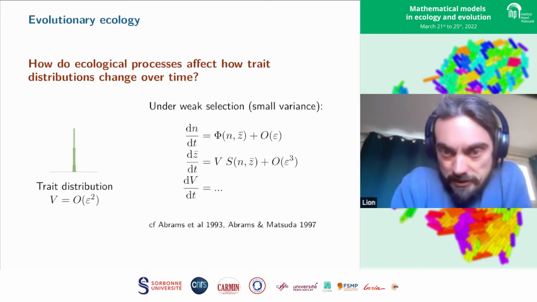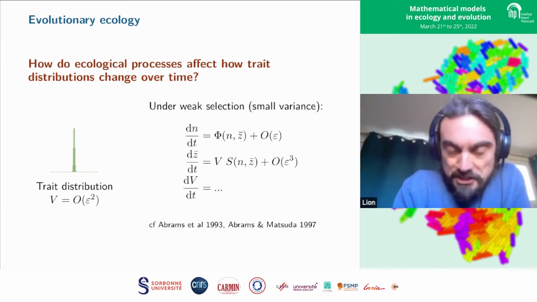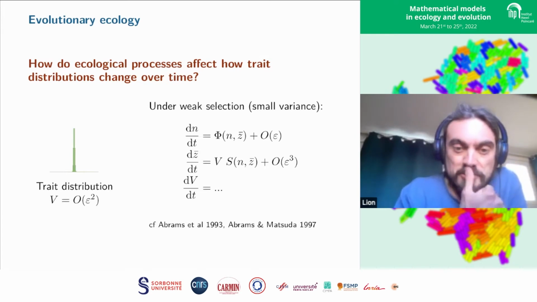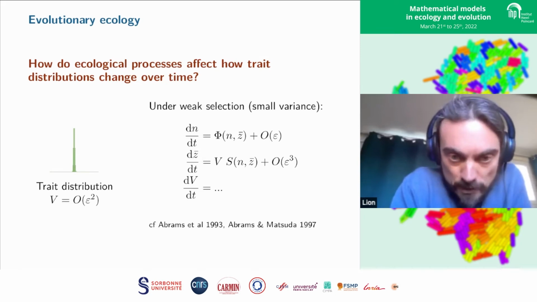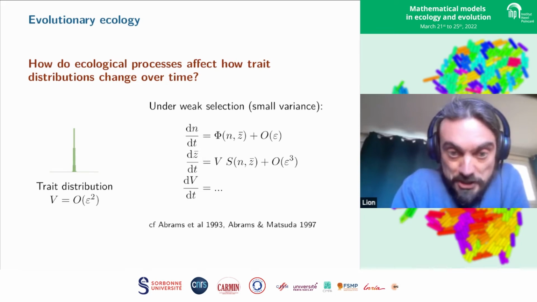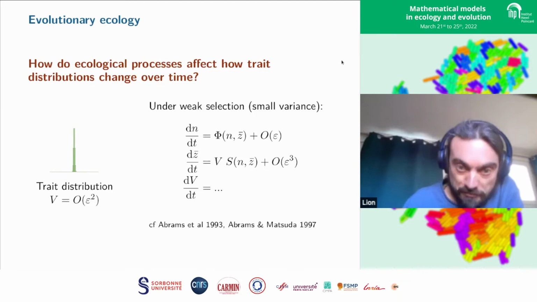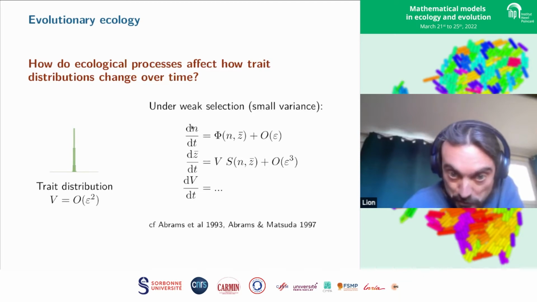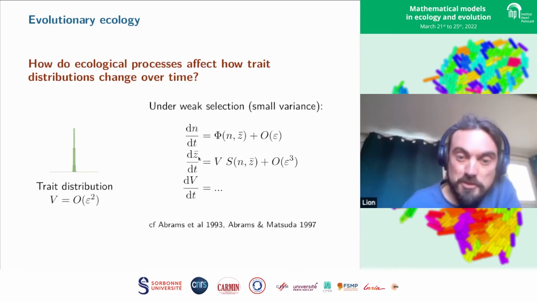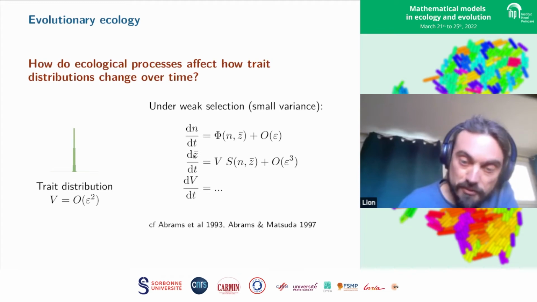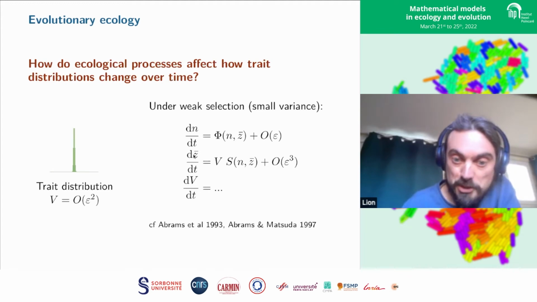Under this weak selection or small variance approximation, you can actually write equations for the dynamics of, for instance, the density of the focal population and the mean trait in the population, and possibly over moments like the variance and so on.